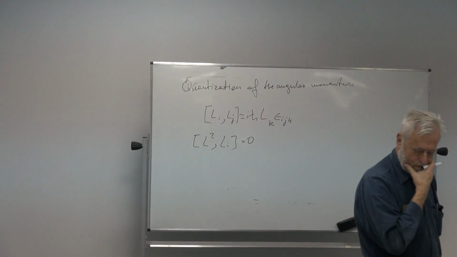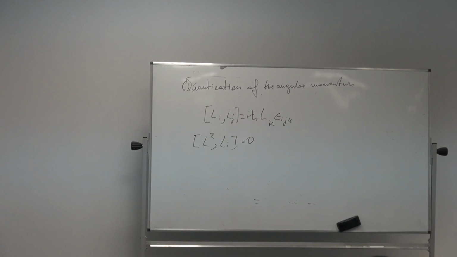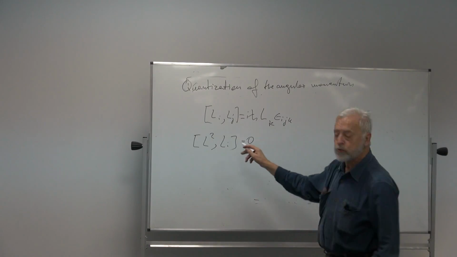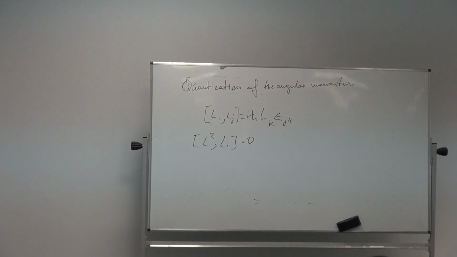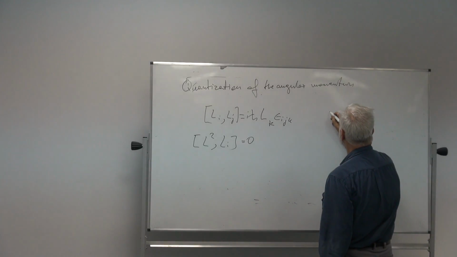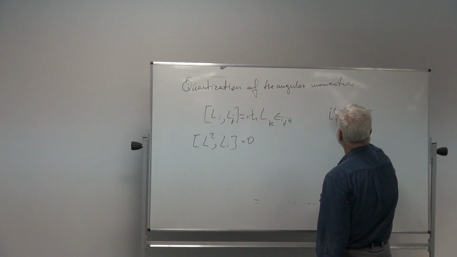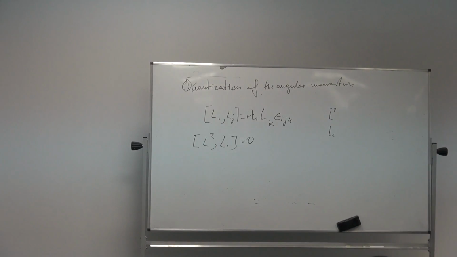So, even though more than one component cannot be simultaneously diagonal, we could diagonalize simultaneously L squared and one of the Cartesian components of angular momentum. And of course, there is no distinction between x, y, and z, so everyone is taking z. Yes? So in other words, one can look for the simultaneous eigenstates of these two operators. Sometimes I write L_z, but if I use the indices, that is the same as L3, of course.